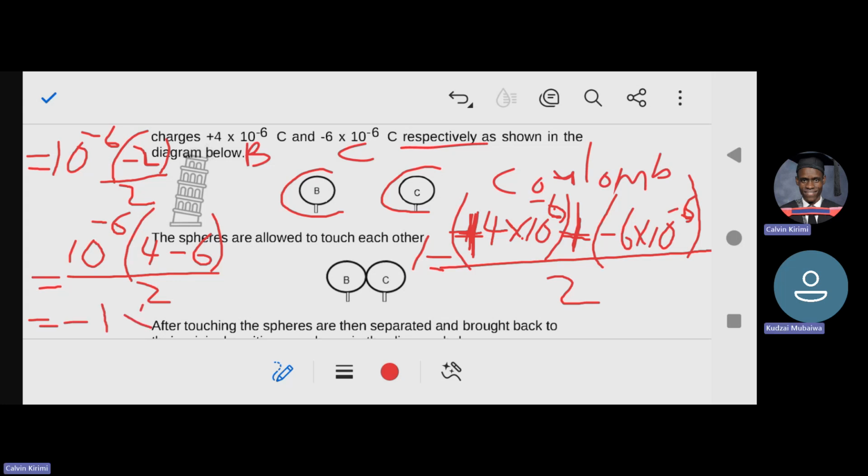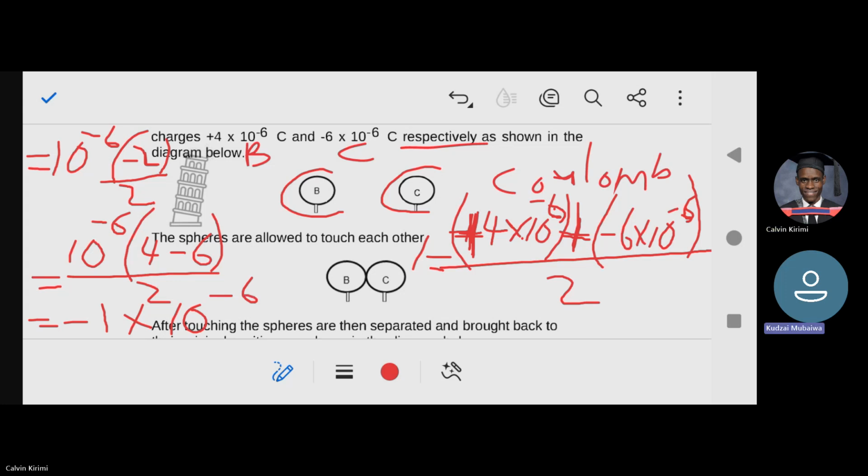That bracket is indicating times 10 to the power -6. So where are you getting 3? What was your answer?